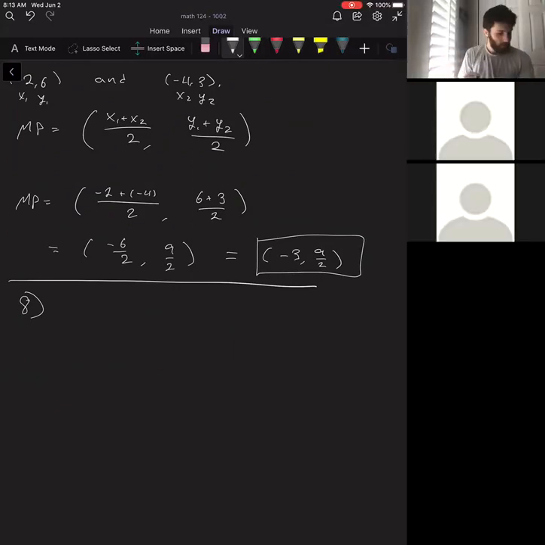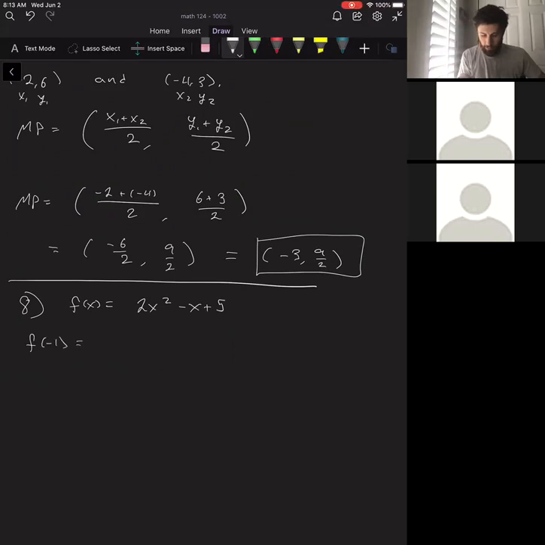All right. Number 8. So we're given this function, and we want to find just 2 things here. So the first thing we're going to find is just f of -1, which isn't anything crazy.